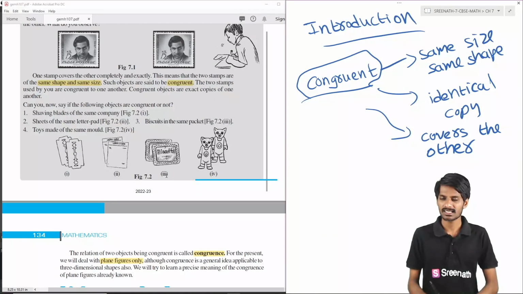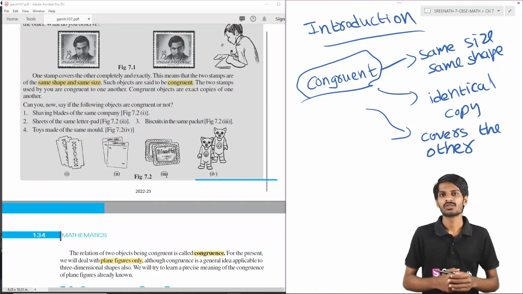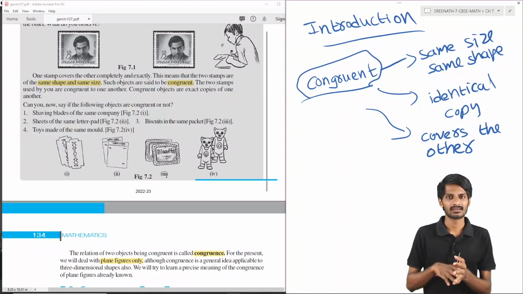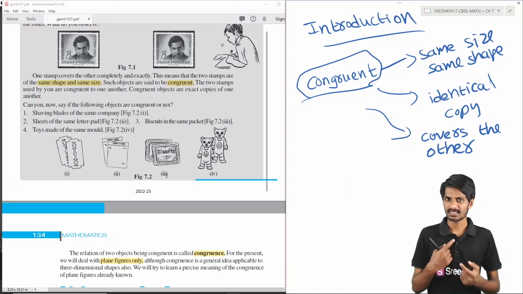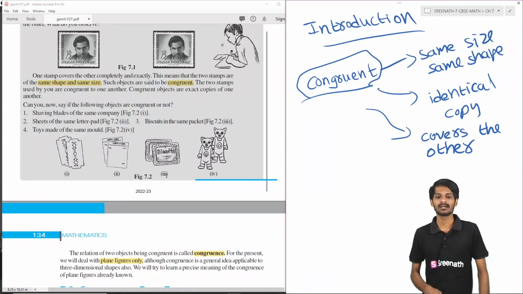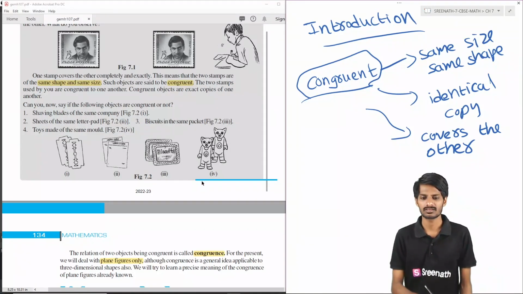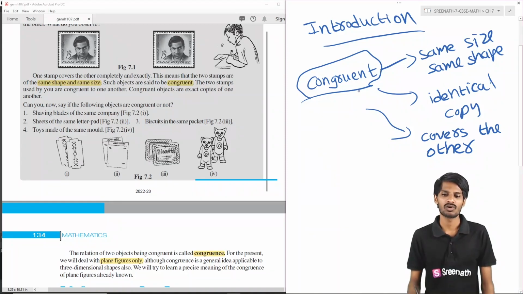And the biscuits in the same packet, if you place one biscuit over the other, they will exactly cover, same shape and same size. So they are congruent. And toys made of the same mold are also identical, they look the same. We call those congruent.